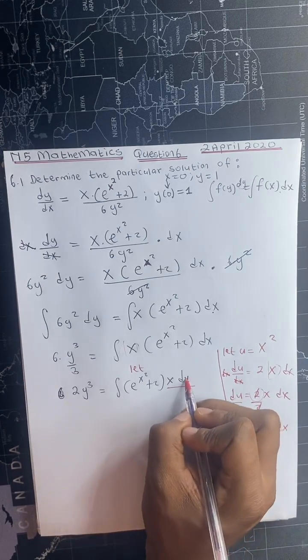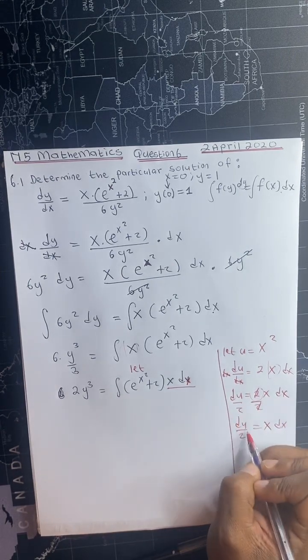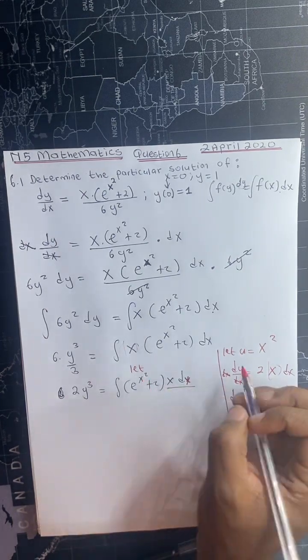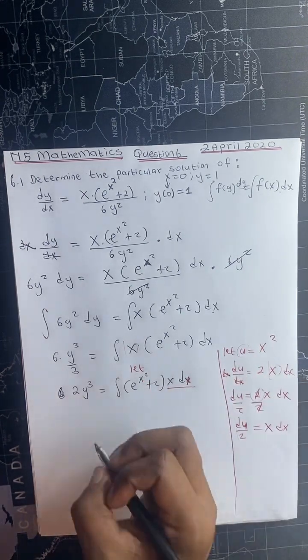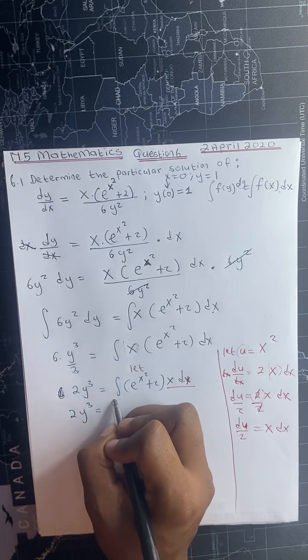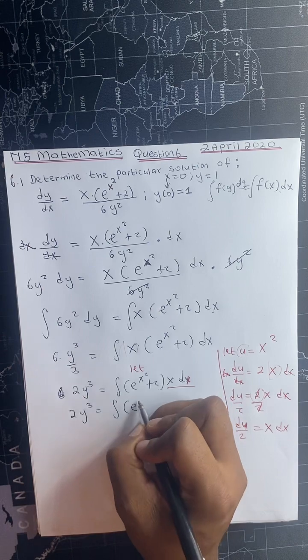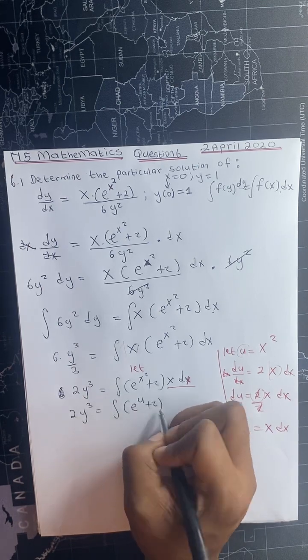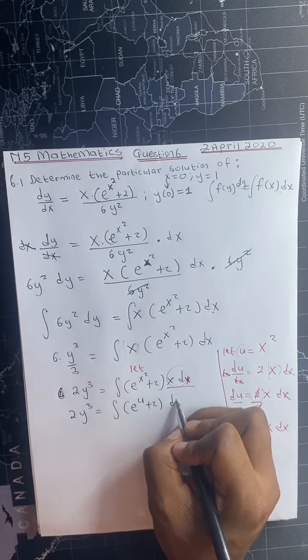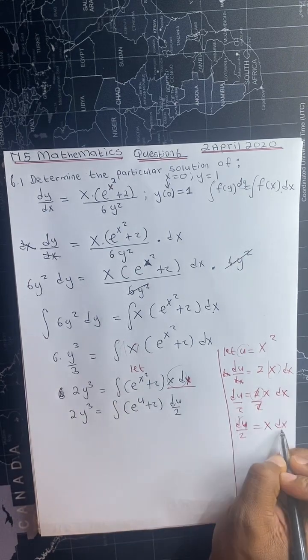So in the place of this x dx we will substitute du over 2, and in the place of that x squared we will substitute u, because du over 2 is equal to x dx.